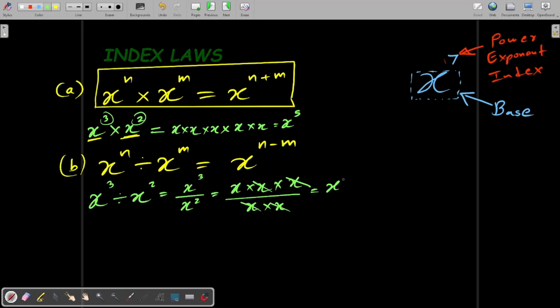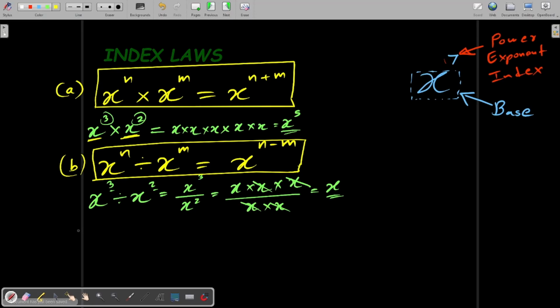You don't need to write the power 1, but you should know that it always ends as 1. If you notice here, these two powers have been subtracted. So in these scenarios, if the bases are the same, you can subtract the powers.